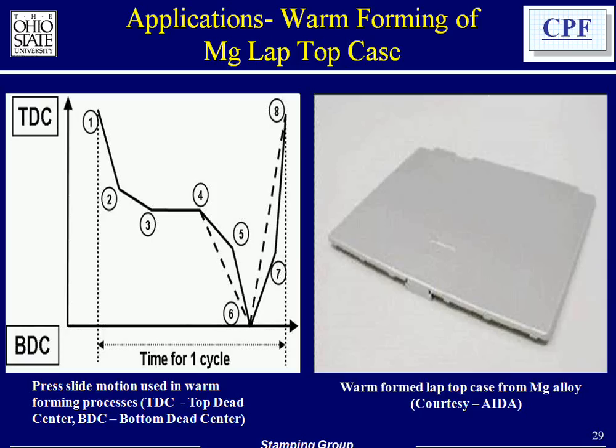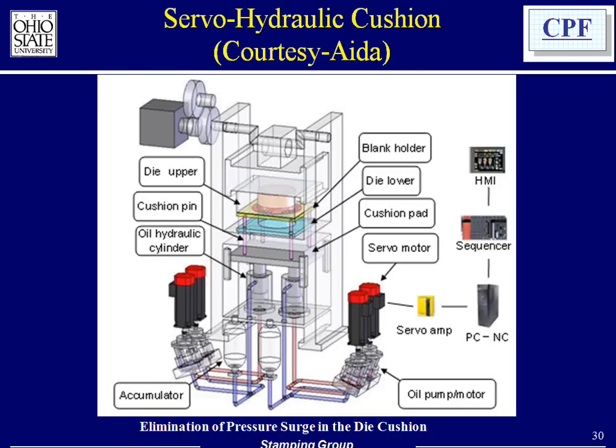On the left side, you see how the slide speed and slide motion was arranged. It was coming very fast, slowing down, and then continuing the forming because magnesium had to be heated in this case. Otherwise, you cannot form magnesium. It's very, very brittle.